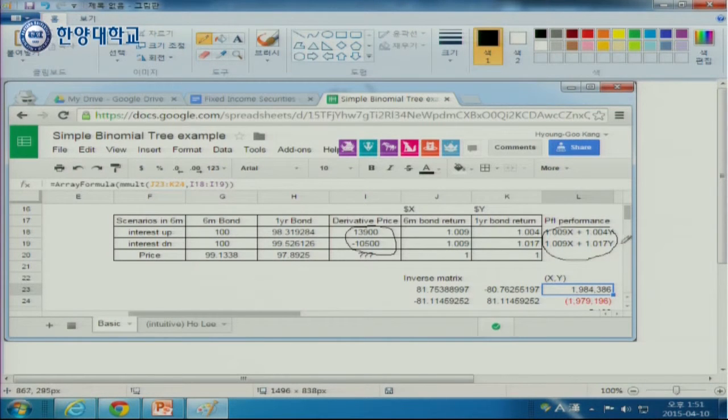If we express this in matrix form, this is the matrix, then X, Y, and this should be equal to this part.